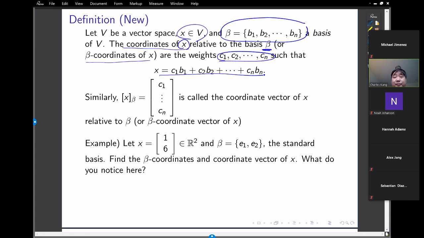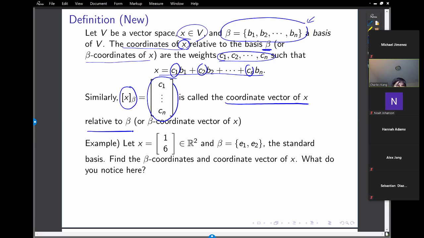Remember, if you're given a basis, then any element x in V can be written in terms of those basis vectors, right? And these weights here are the coordinates of x. The notation that we use is this, which is called the coordinate vector of x relative to beta.